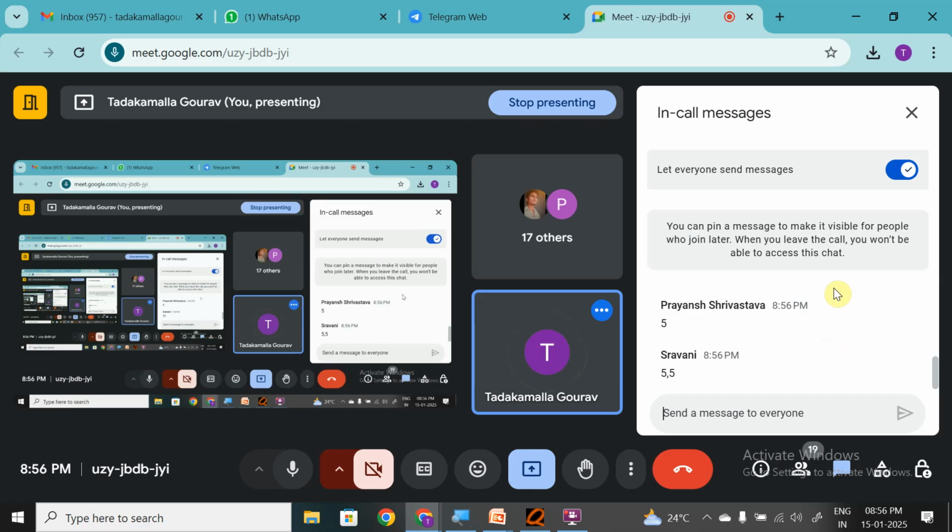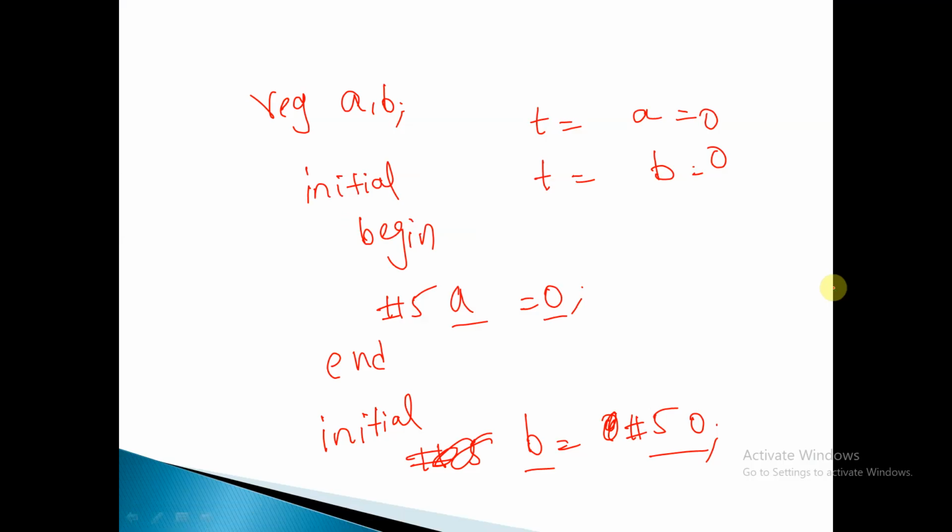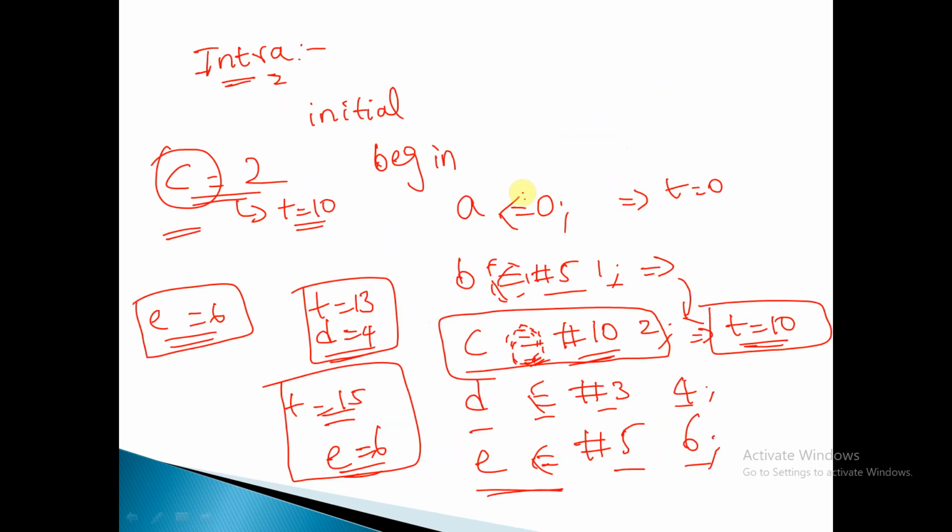Did you get the point? If you use inter-assignment delay or intra-assignment delay, the updation of value is taking the same time units, t is equal to 5 and t is equal to 5. But you are going to get the difference between the inter and intra-assignment delay if you consider the previous type of example. Is it clear for everyone?